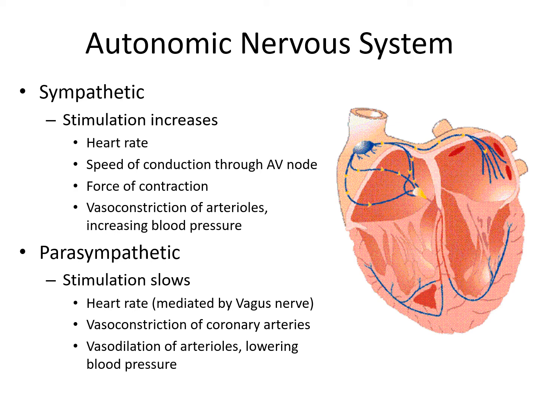So, stimulation of the sympathetic nervous system, as you see on the top part here, leads to an increase in heart rate. It also leads to an increase in the speed of the conduction through the AV node. Remember yesterday we talked about the AV node being like a little relay station that slows down the electrical conduction through the heart.